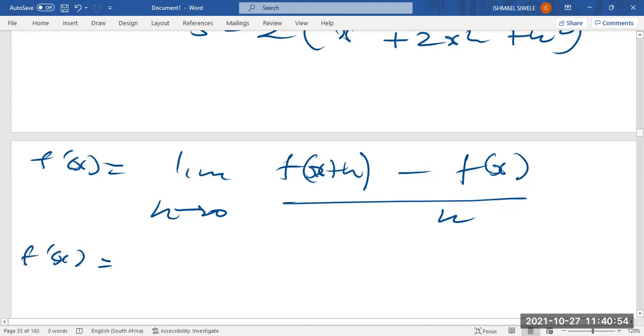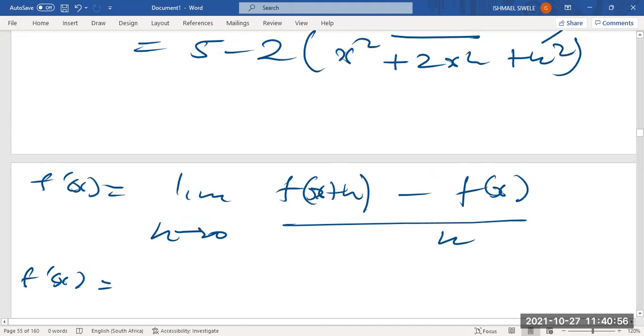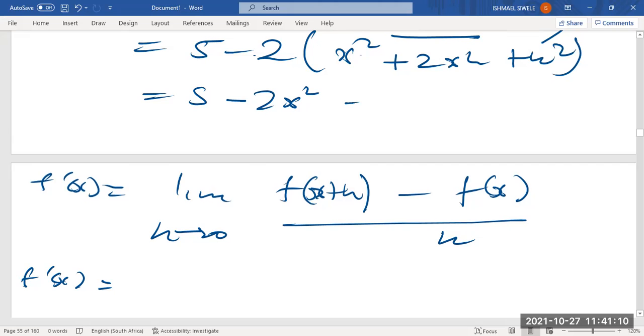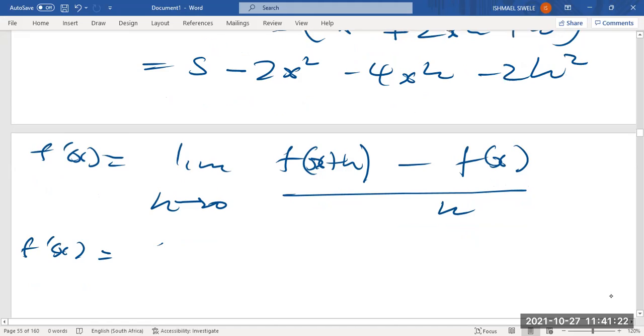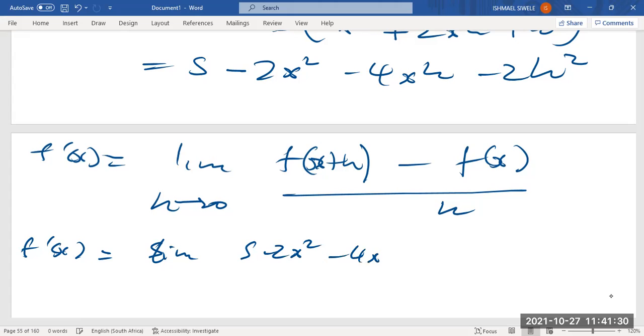Let me expand it: 5 minus 2 times x squared, that is minus 2x squared, minus 2 multiplied by 2xh is minus 4xh, and negative 2 multiplied by h squared is negative 2h squared, right? So this is going to be the limit of 5 minus 2x squared minus 4xh minus 2h squared minus f of x.